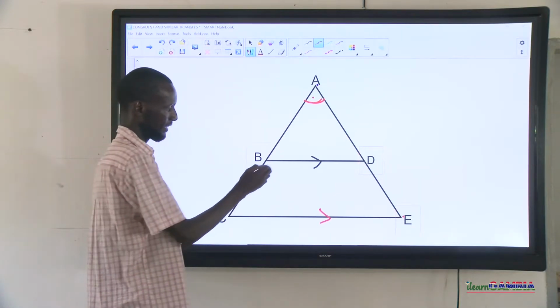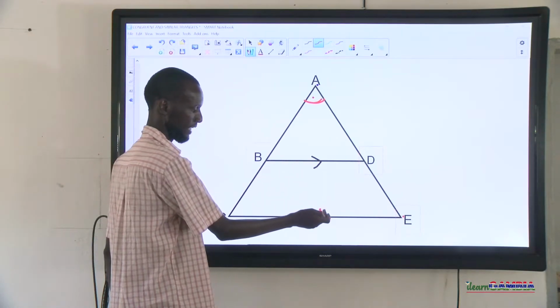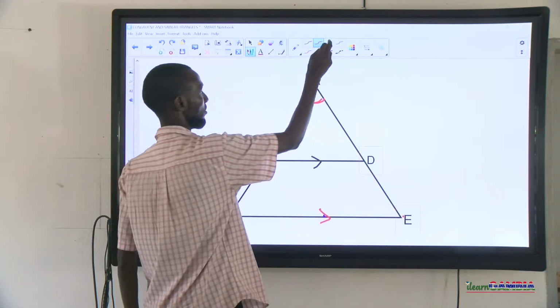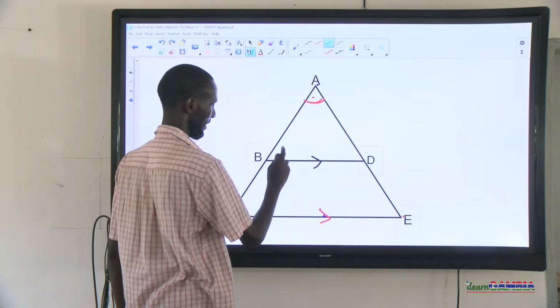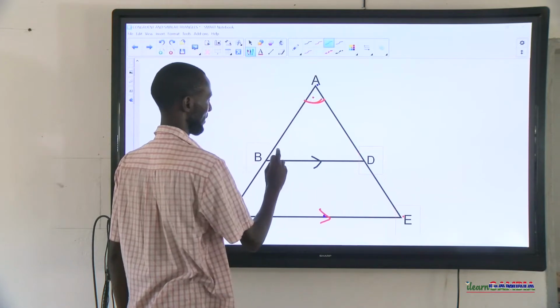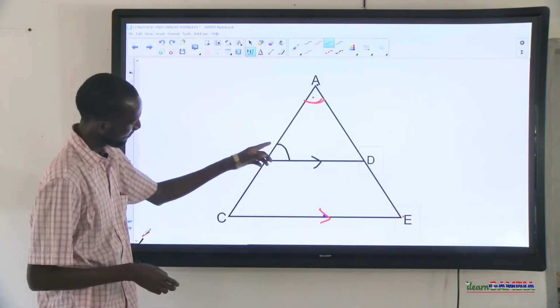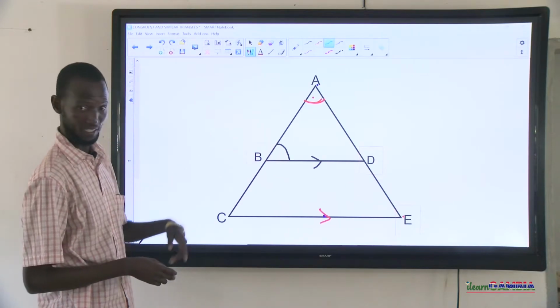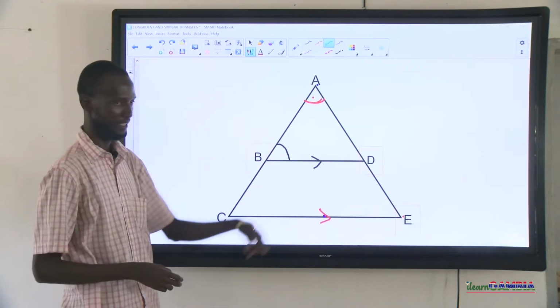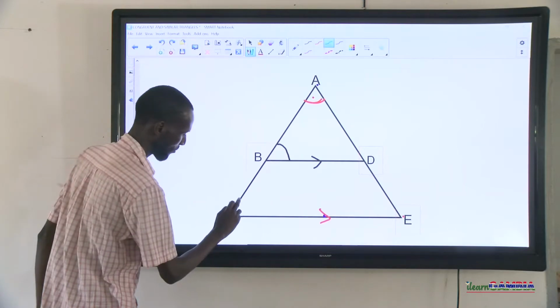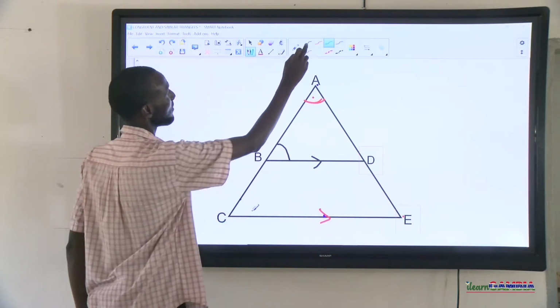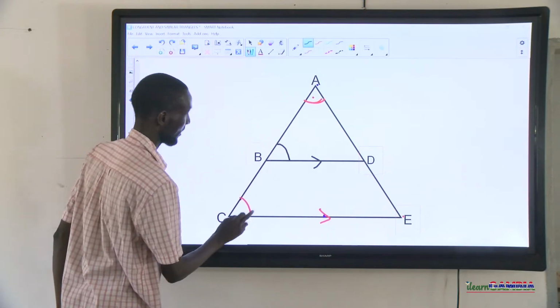This line being parallel to this line, if we take this angle right here, that should be green. Okay, let's take it black, no problem. So if we take this angle there at B, that is angle ABD, and also we take this other angle here as C, angle C right here.